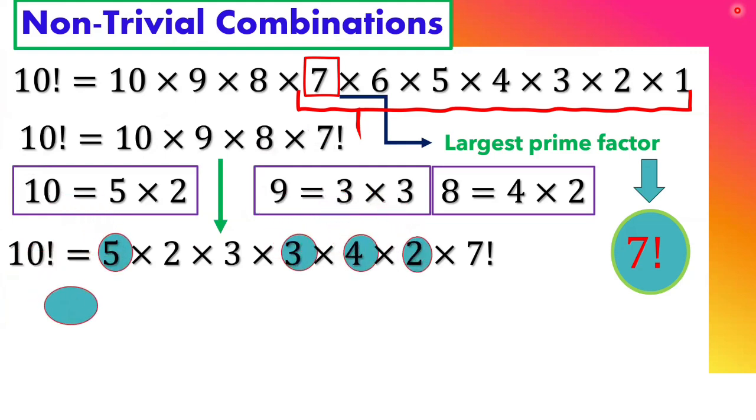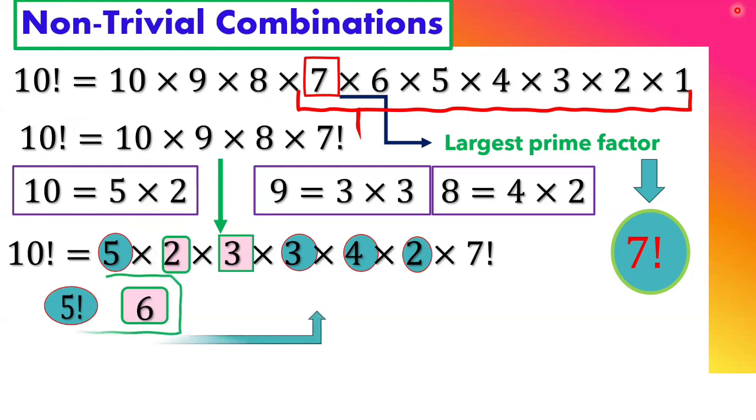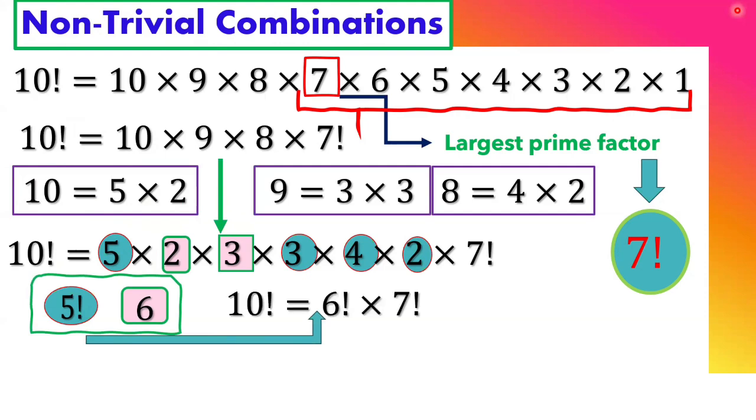Now we combine these factors, and we can easily see this is factorial 5. The remaining terms, 2 and 3 multiplied, will give us 6. Now factorial 5 multiply 6 combined will give us 6 factorial.